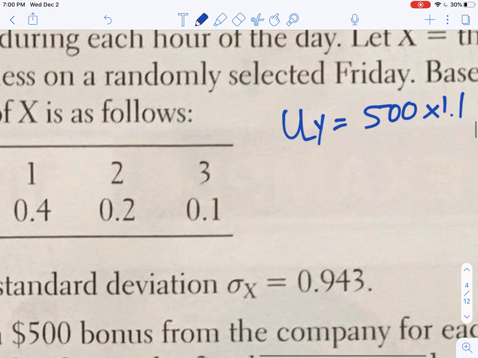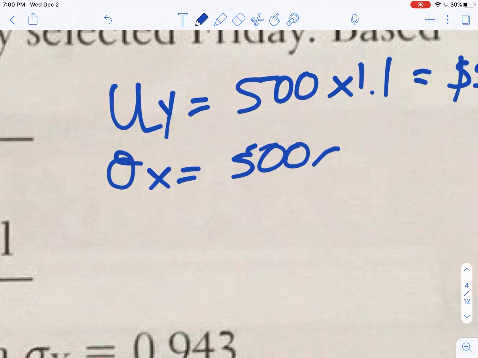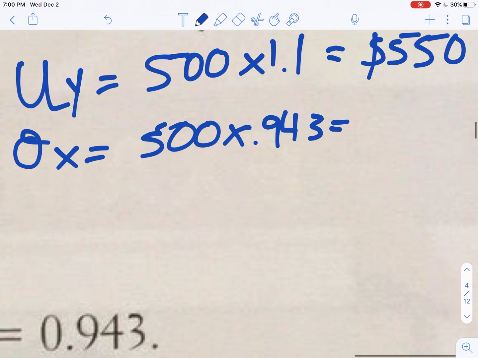The standard deviation, that's going to end up also being 500 times that 0.943. And this is going to end up being $471.5.